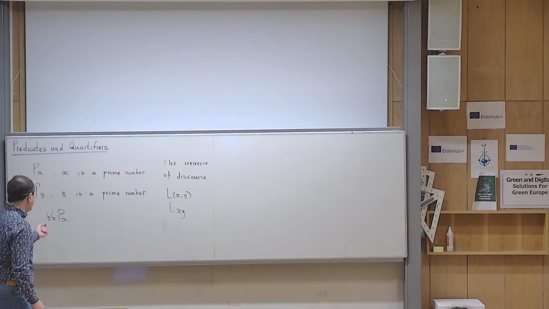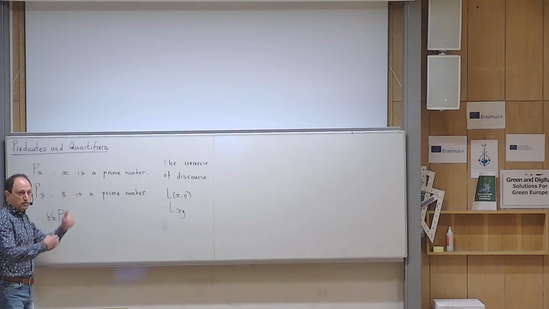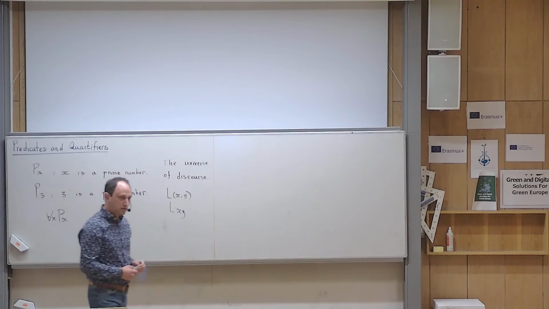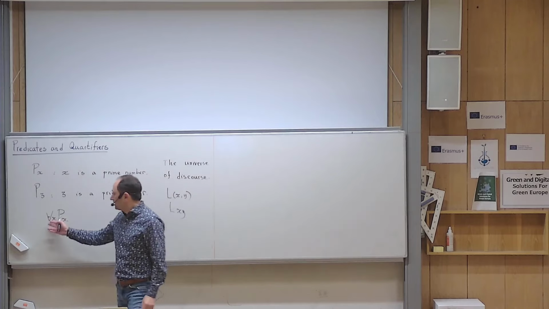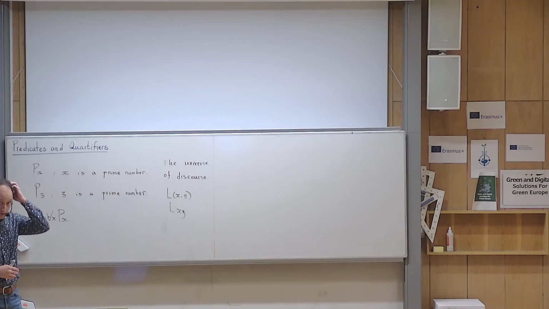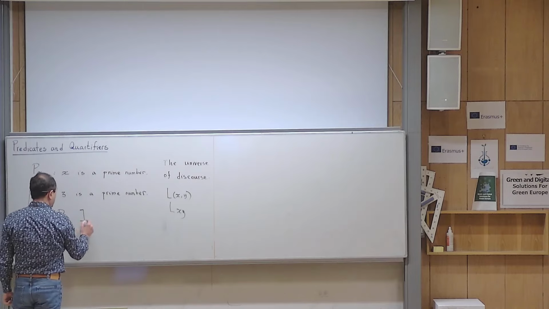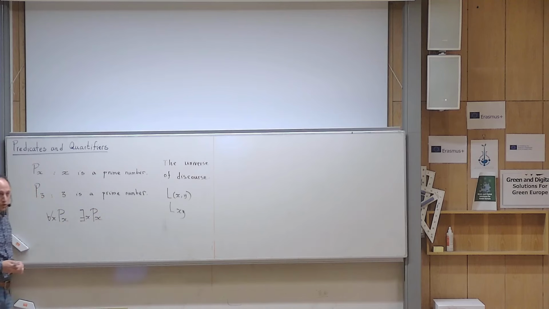So you see, when we use a quantifier on a predicate, we are transforming the predicate into a proposition. Quantifiers are tools in our hands to turn predicates into propositions. For example, if I have the same sentence and I write "there exists x, P(x)," do you agree that this one is also a proposition now?